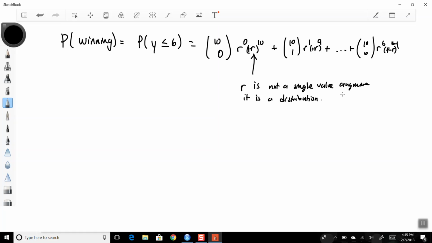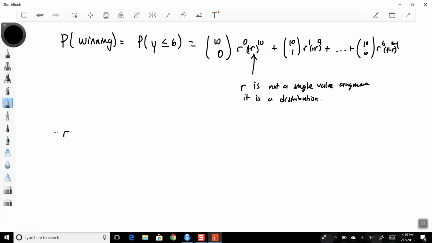Okay, so how are we supposed to do this? Yeah, that's a good question. We have to do integrals, okay? Yeah, our favorite thing. So before, R used to be something like 0.9.